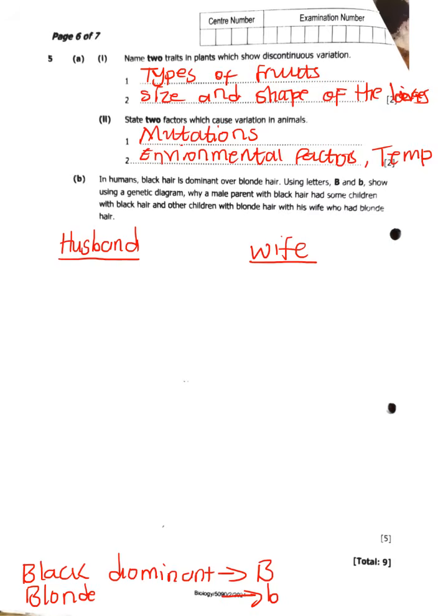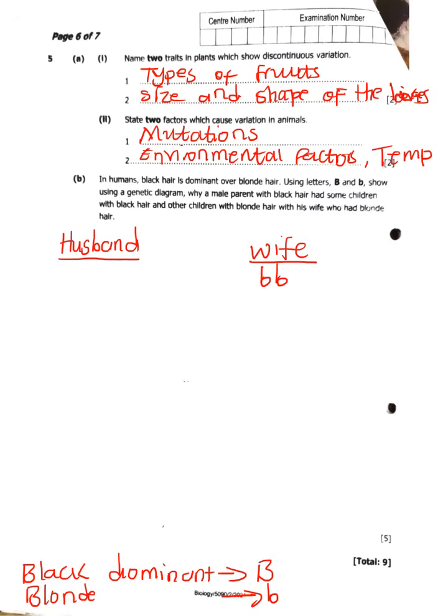The 2 parents, one was heterozygous and the other was homozygous. Which one was heterozygous? The wife had blonde hair, so she was homozygous. For a person to have blonde hair, that person needs to have the same letters, and since blonde is recessive, we are going to have the same letters.